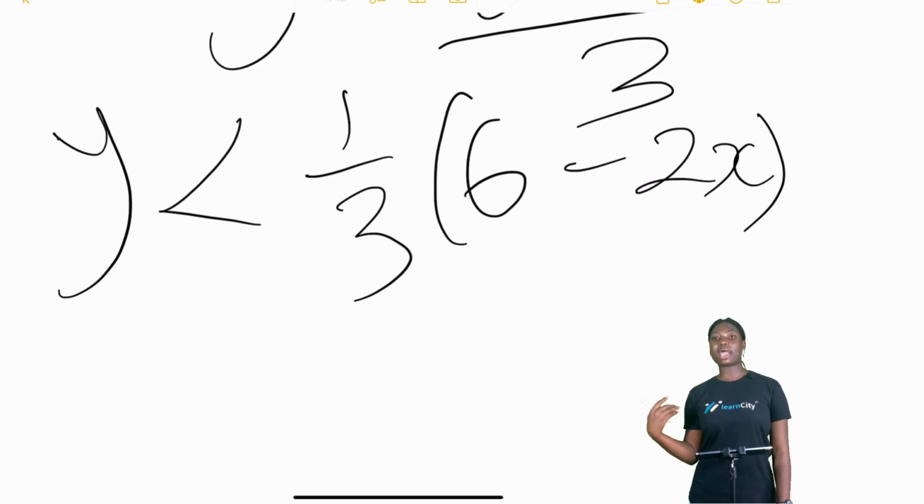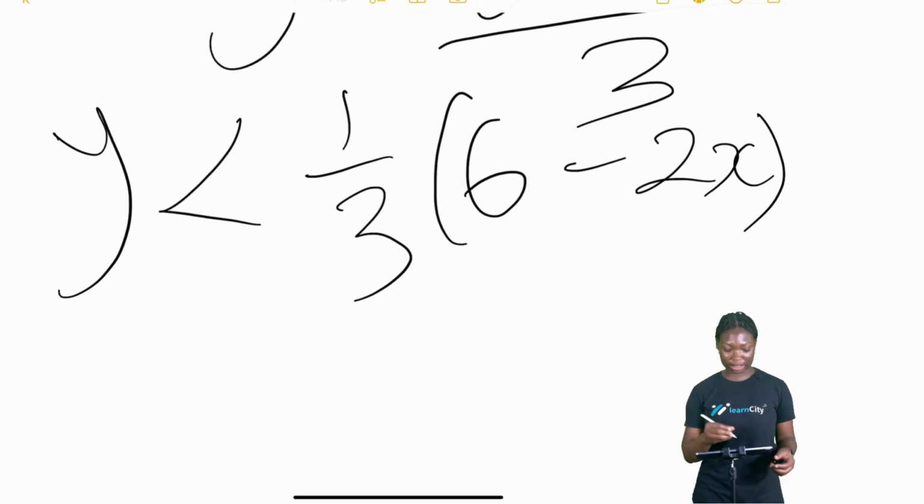So we need to find first where x is 0 and where y is 0 for this. So where x is 0, what is y?